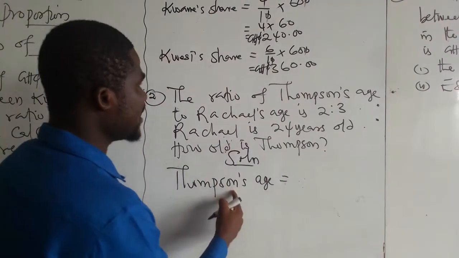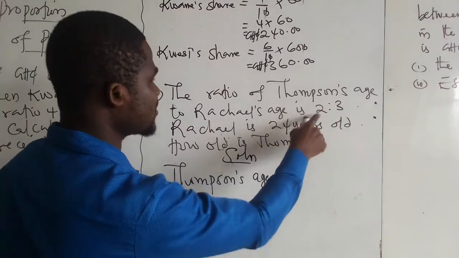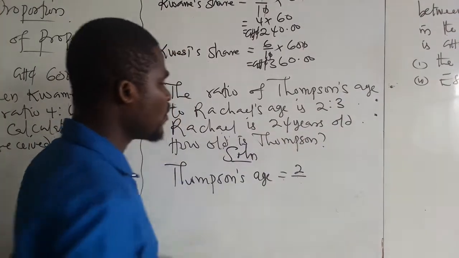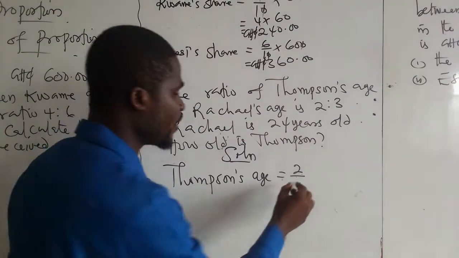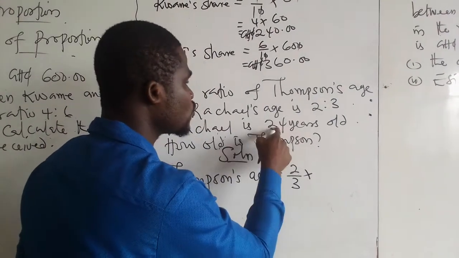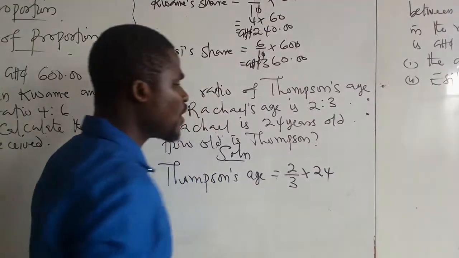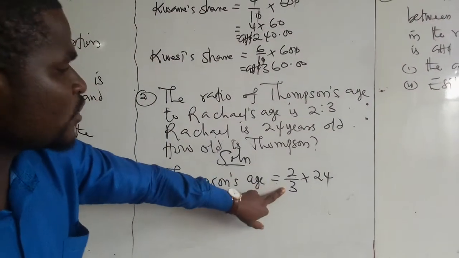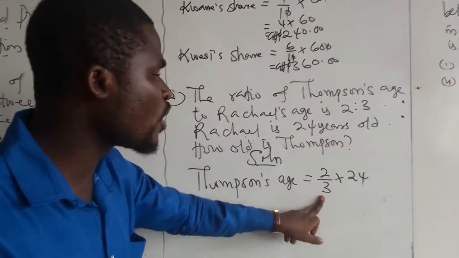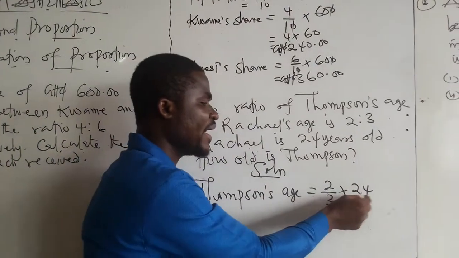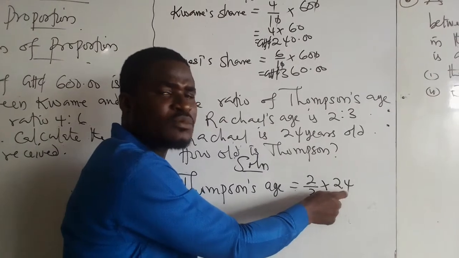Now, what is Thompson's age here? Thompson's age here is 2 over Rahel's ratio. What's Rahel's ratio? It is 3 times 24. Now, why is it that here we didn't use the total ratio? We didn't use the total ratio here because we don't know the total ages of Rahel and Thompson.